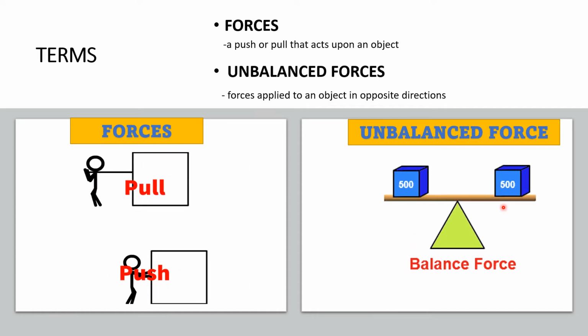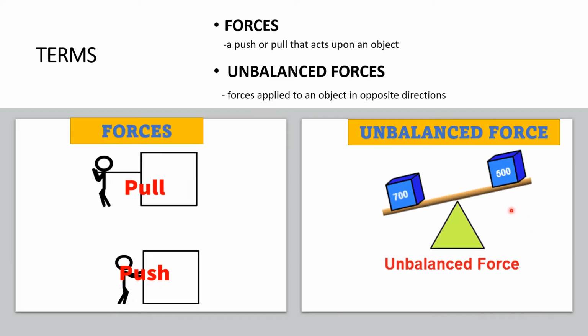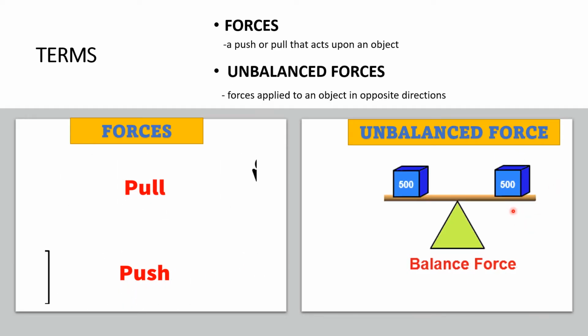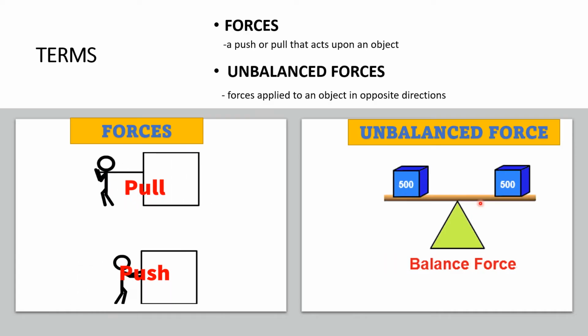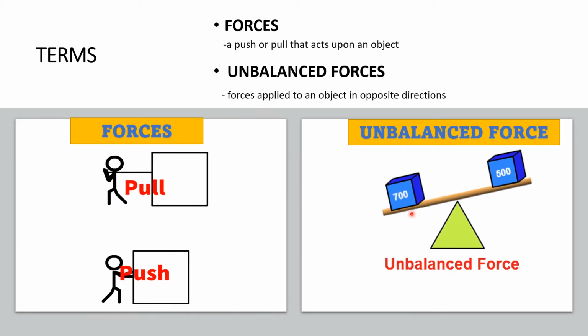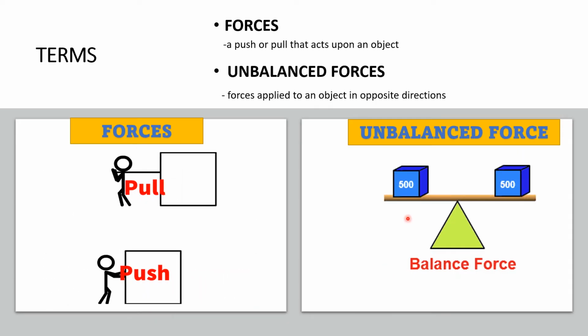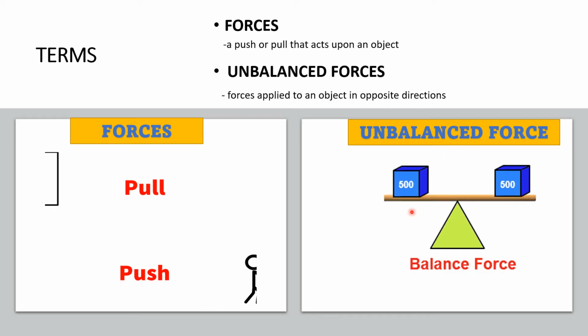So that is equal. But if we put 700 Newton on this side and 500, then the forces are no longer balanced. So the seesaw, or just like this one, as you can see, there will be unbalanced force, so it will move downward. There is more movement when there is unbalanced force.